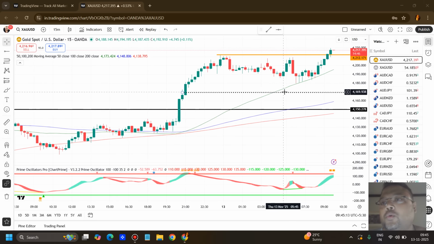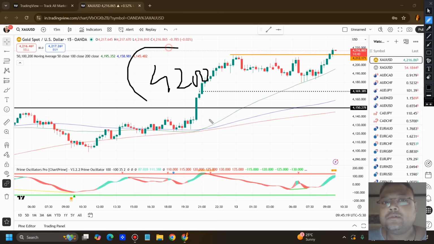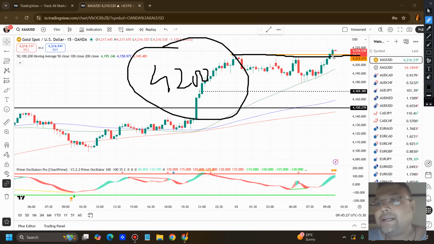Now we can see that gold is going above 4200. So 4200 will also become the new support, isn't it? Right now, while recording the video, gold is trading around 4216.8.